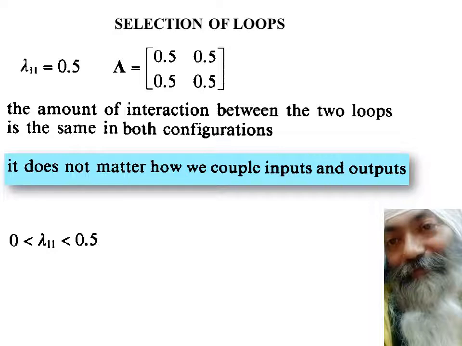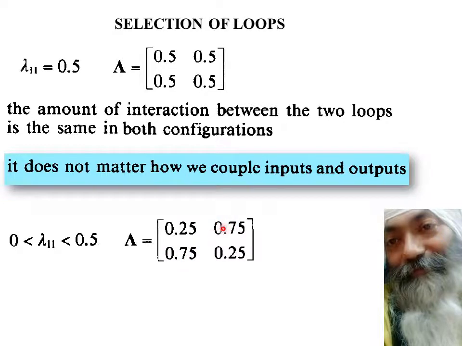Now, what if this lambda is nearer to 0? Let us say the output is 0.25. The relative gain array will look something like this. In this case, we see that this element is stronger, it is nearer to 1, and so is this case.